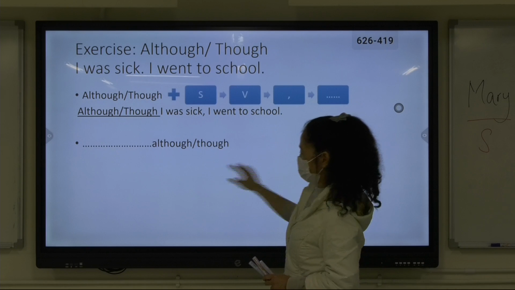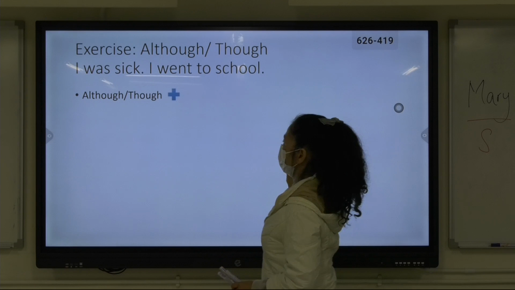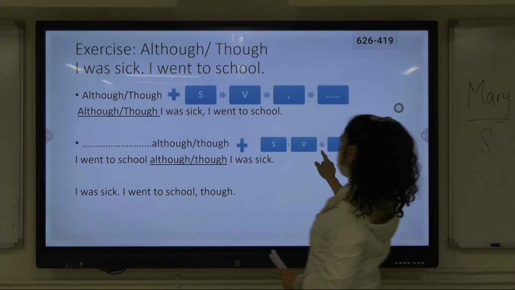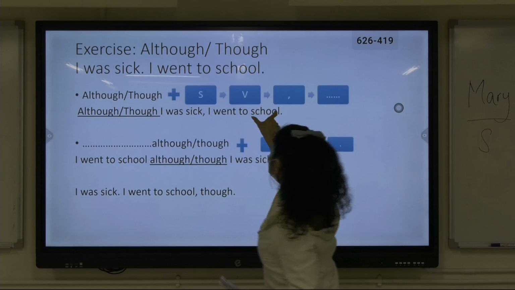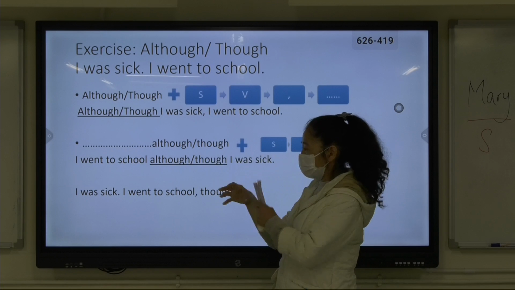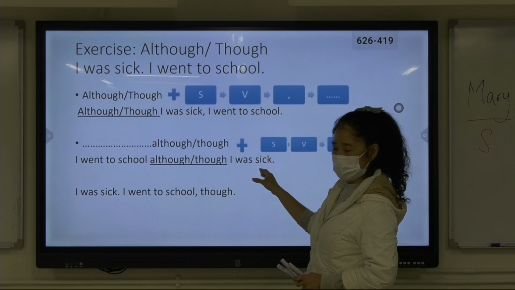But what about in the middle? So, in the middle, you have to put a short clause here first. Okay? Same pattern, subject verb. Here, full stop. I went to school, this clause, okay? By using connectives, although and though, join the other contrast idea, although, though, I was sick.